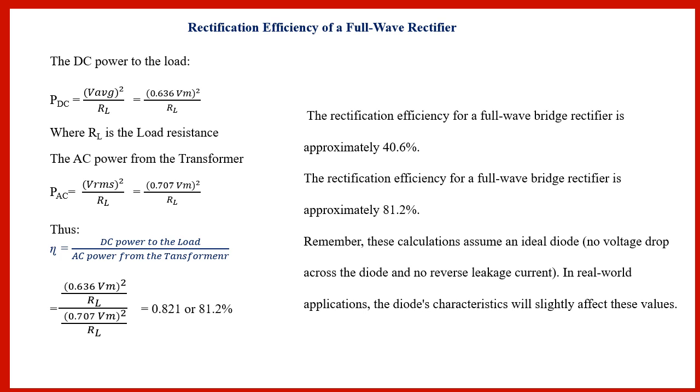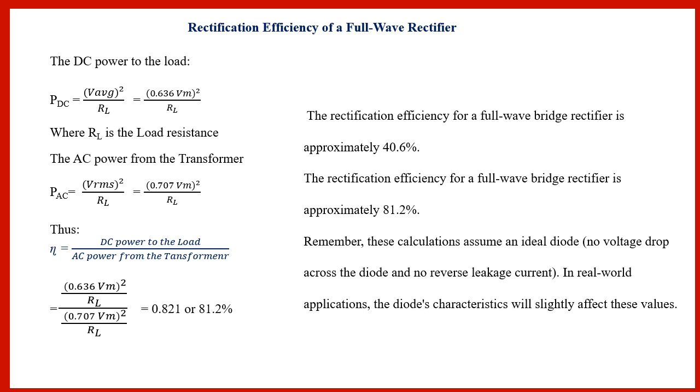If we calculate the efficiency of a rectifier, it is given as 40.6% for the half wave rectifier and 81.2% for the full wave rectifier. These calculations assume an ideal diode, so no voltage drop across the diode and no reverse leakage is considered here. In real world applications, the diode characteristics would slightly affect these values.